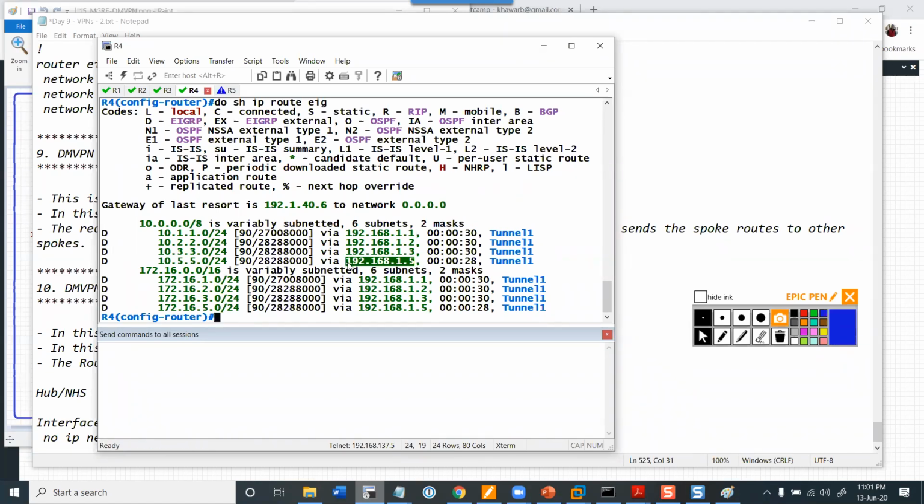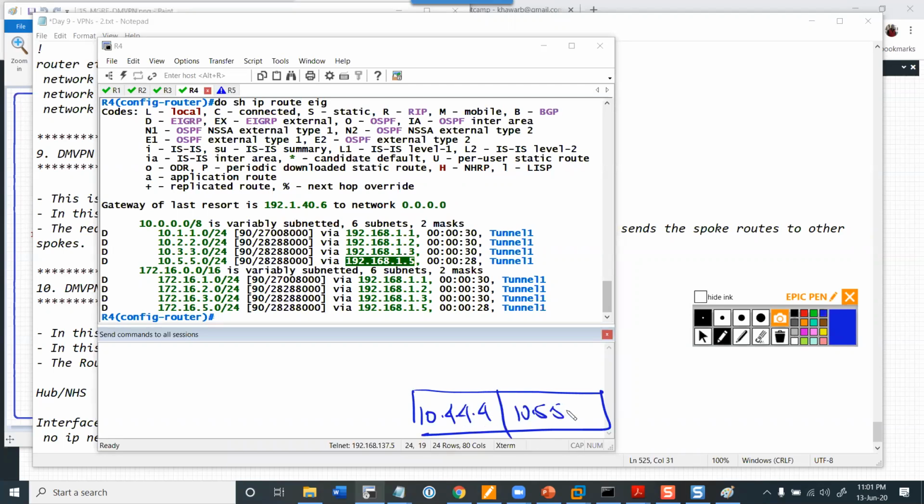Right? So now when I go to resolve, let's say I'm pinging, I'm on 4, so I'm pinging 10.4 to 10.5. It checks the routing table, matches this. It is a tunnel interface. It goes to the tunnel interface, finds out the source. Now it needs to find the destination.